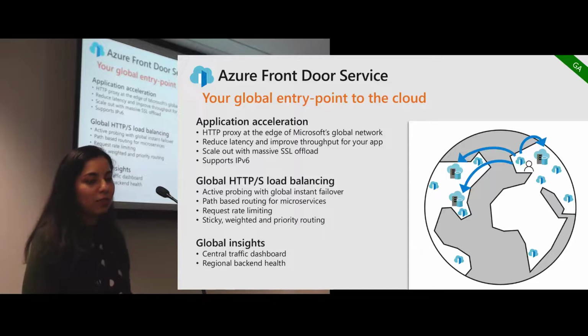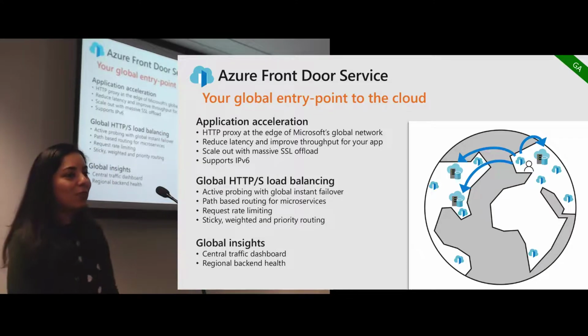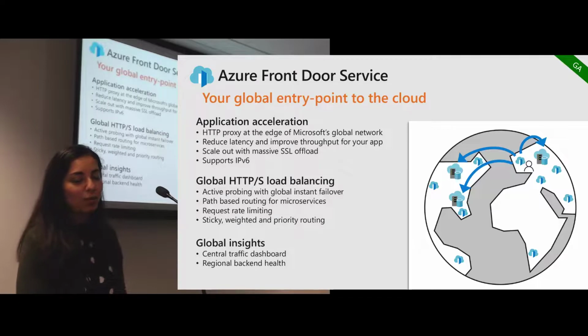Even though this is a new product to the market, it's something that Microsoft ourselves have been running, and actually you have been using these services because our own Xbox, Cortana, Bing, etc. have been running on Front Door for the last 5 years. So all our very high web workloads have been running on Azure. So for a customer, it really gives a lot of performance boost.